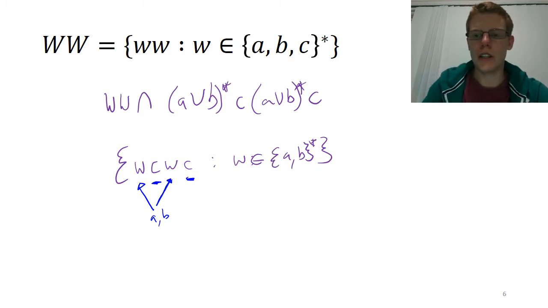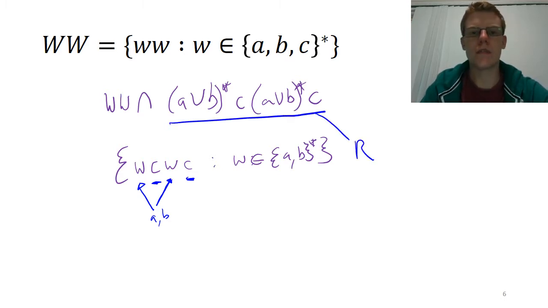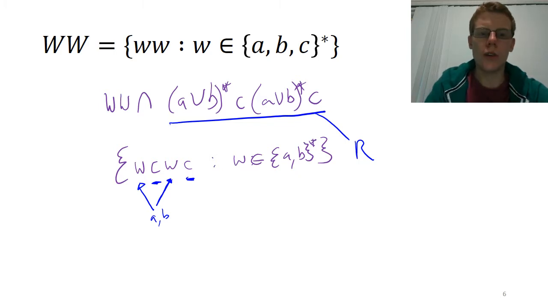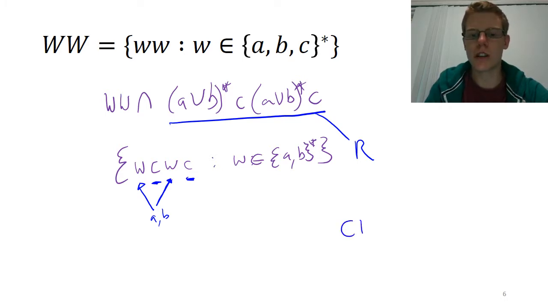What we know is that because we have represented this using a regex, it must be regular. And we know that if we intersect a context-free language with a regular language, the result must be context-free.